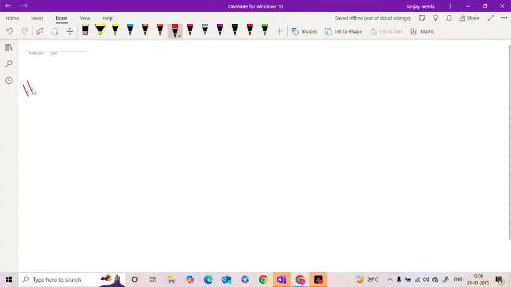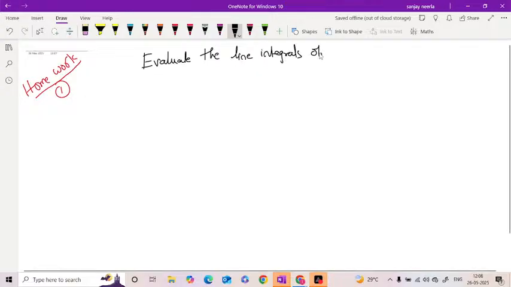Now the first homework problem is: evaluate the line integrals of the following vector fields.